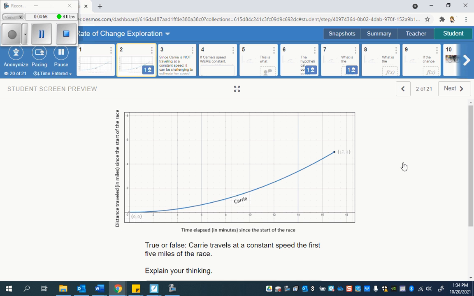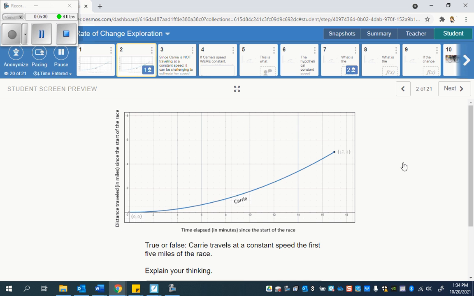Now, when I'm walking with my dog, it's about 4 miles in an hour, right? So 15 minutes is about 1 mile. Does it make sense that she travels 5 miles in 17 minutes? Maybe there's an exercise.